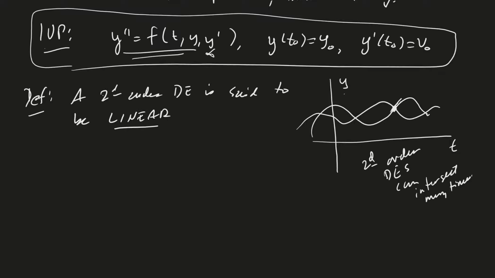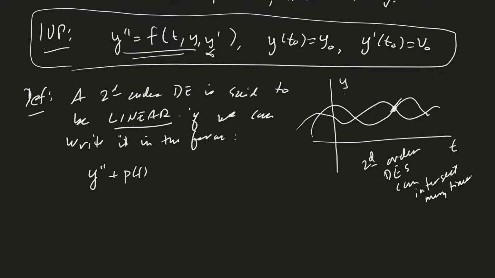We're going to talk more about being linear in a few minutes, but if we can write it in the form of y double prime plus, now we're going to use t, so p of t times y prime plus q of t times y equals g of t, or f of t.